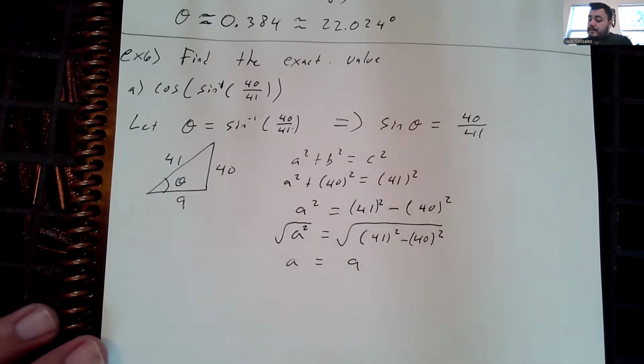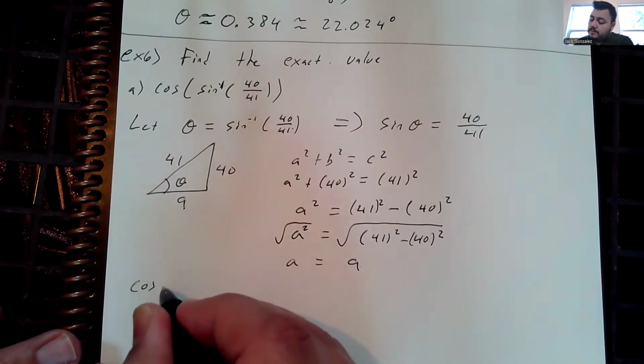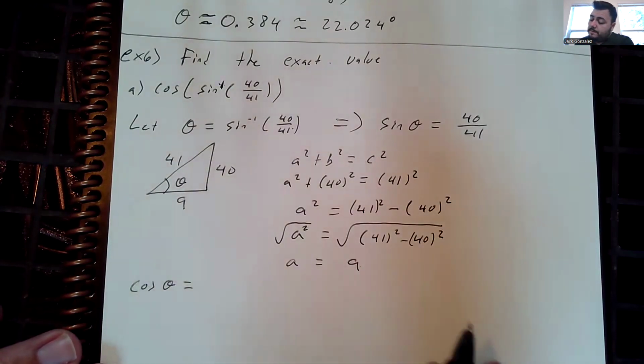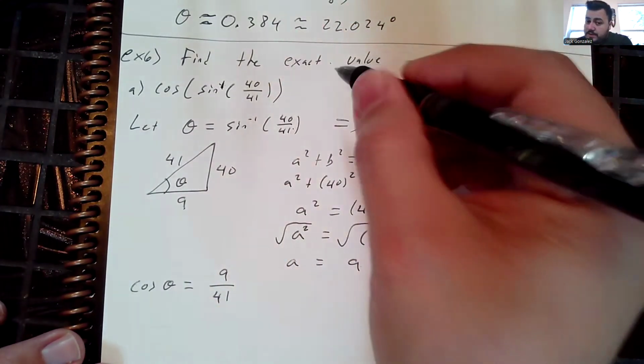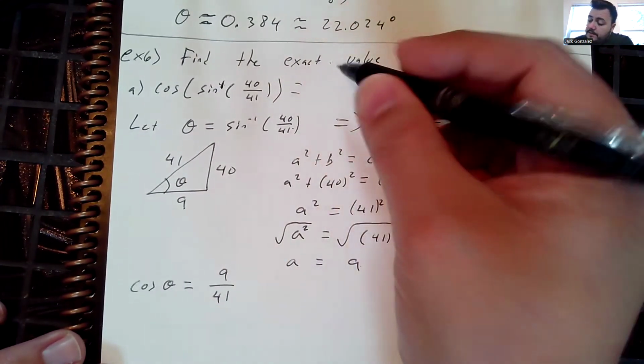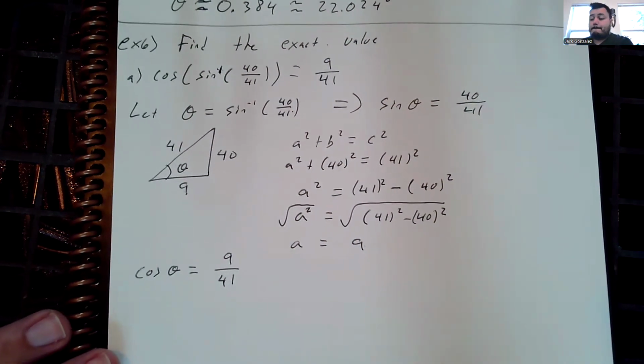All right, so now we can answer the question, right? Cosine of theta is going to be adjacent over hypotenuse. So you can answer this guy up here now. This will be 9 over 41, right there.